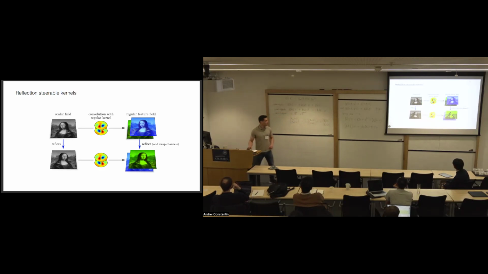And this is what is visualized over here. So you have two channels, since you want to map from one input channel to two output channels, and they are a reflected copy of each other. So this is the specific form of weight sharing you're getting here.